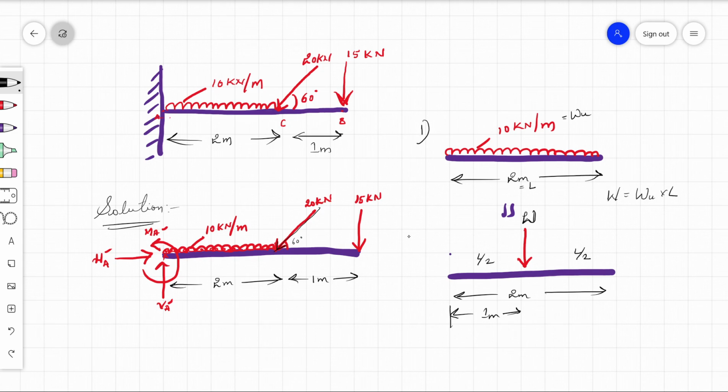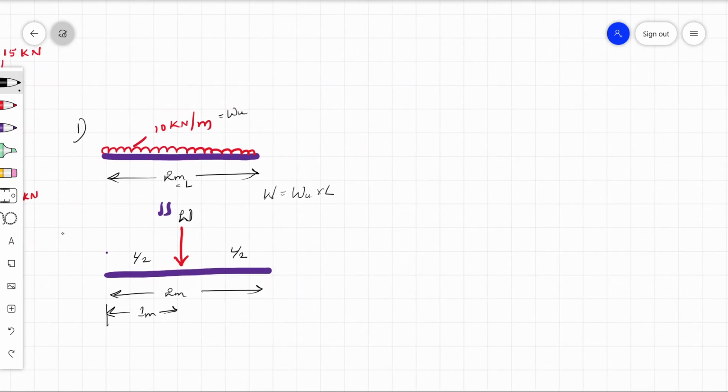The second concept that you need to know is, on the same beam with points A, B and C, at C there was an inclined load which was making an angle of 60 degrees.